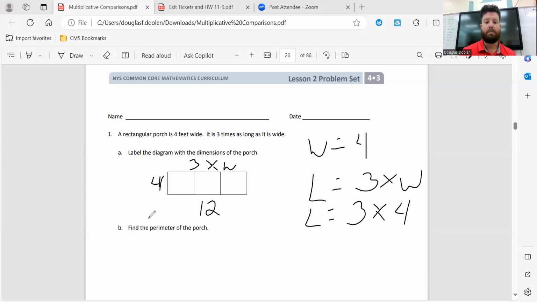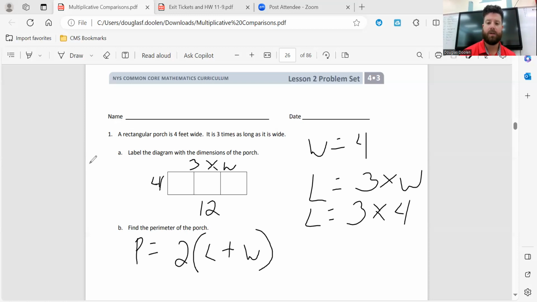Okay, so B says find the perimeter of the porch. Do you remember what we use for our formula for perimeter? So P equals, and we're talking about perimeter of a rectangle. P equals what? 2 times length plus width. Multiplicative comparison again, right? 2 times length plus width.